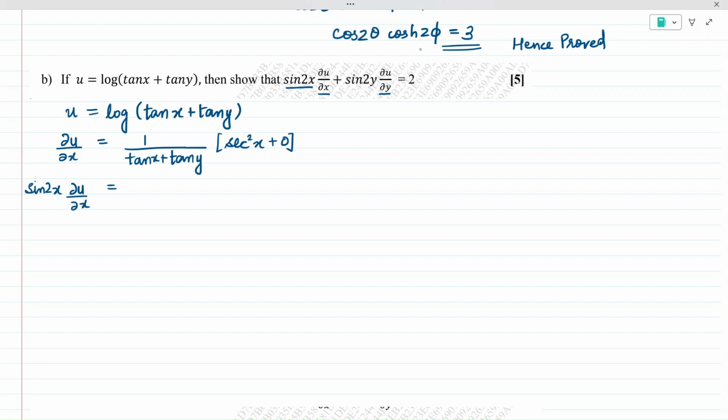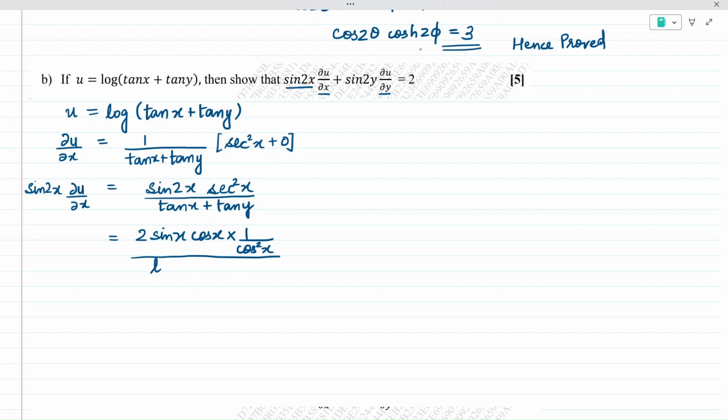So numerator मेरा हो जाएगा sin 2x into sec square x. Denominator remains the same, no changes, tan x plus tan y. Now let's expand double angle formula या half angle formula. Sin 2 theta को 2 sin theta cos theta and sec square is 1 over cos square.